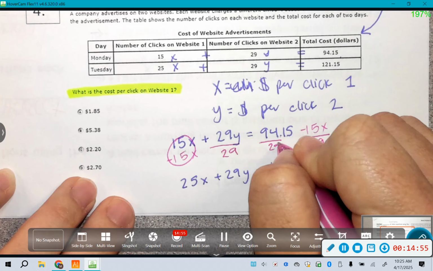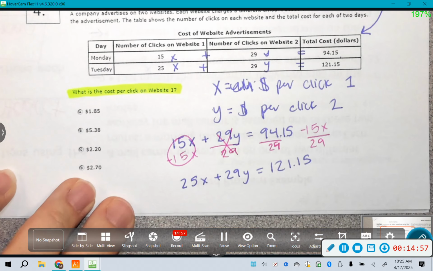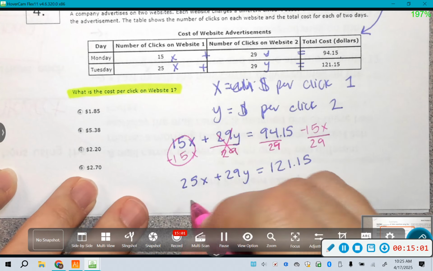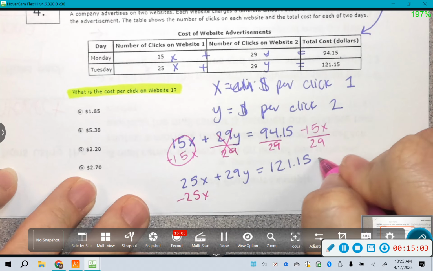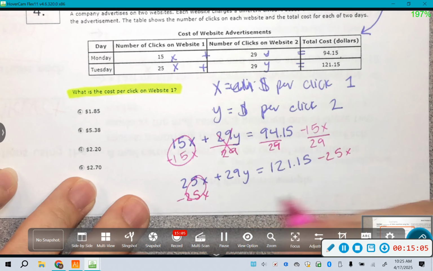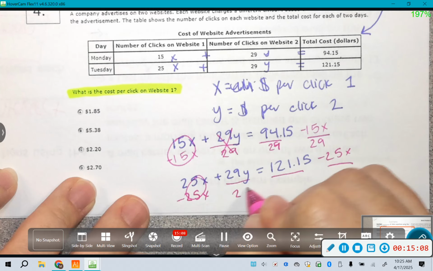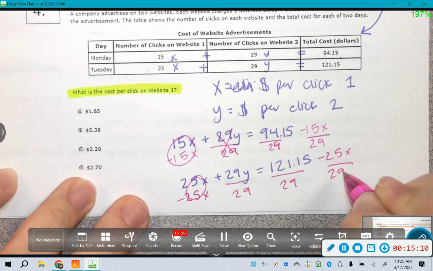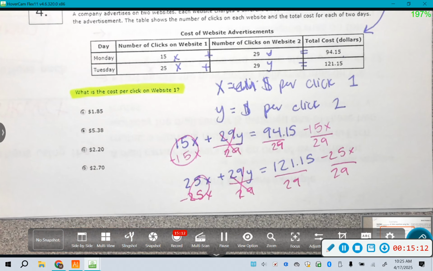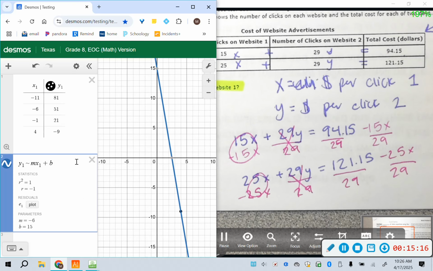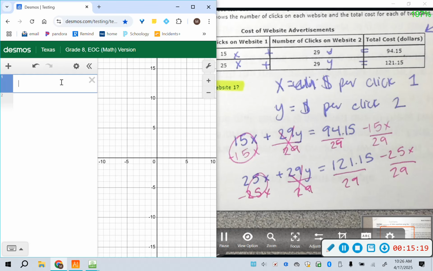No. Okay, what about the second equation? Divide by. And then type them in.